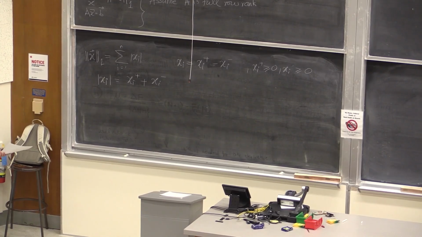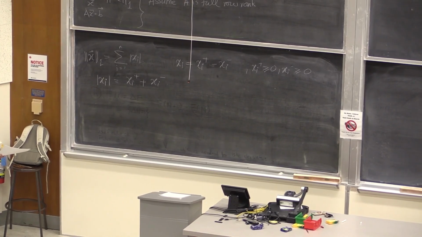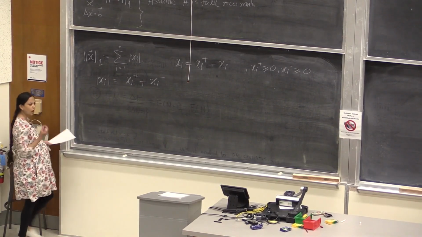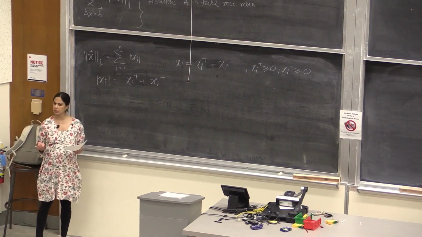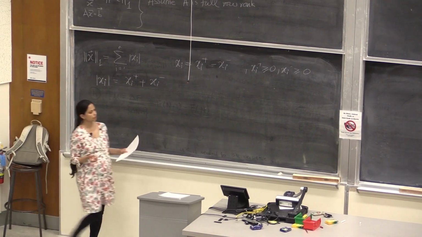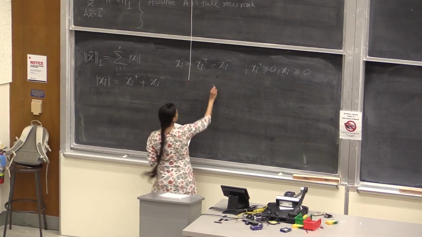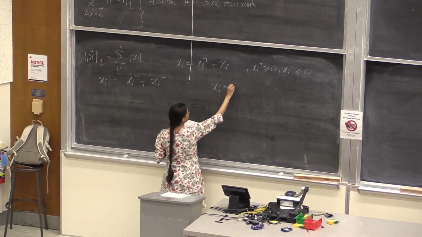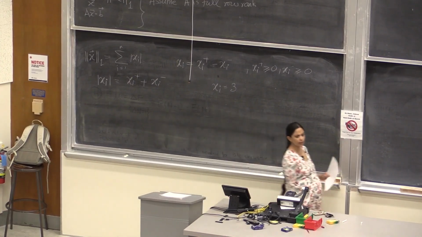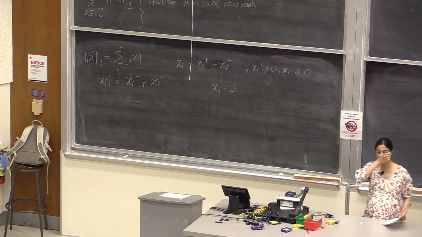It's not obvious that one can find such things. But could you think about how you might be able to find them? For example, try this out. Let's say xi was equal to 3. How could you figure out what xi plus and xi minus were?